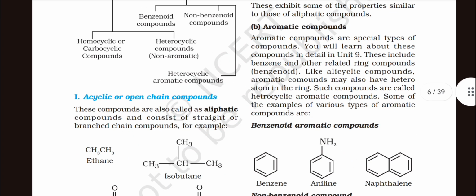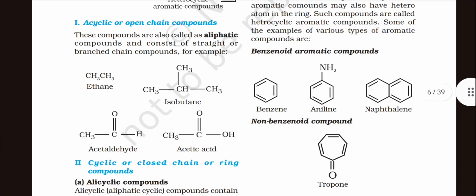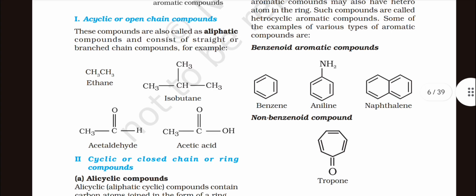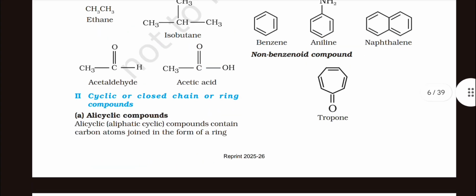Acyclic or open chain compounds. These compounds are also called aliphatic compounds and consist of straight or branched chain compounds. For example, ethane, isobutane, acetaldehyde, acetic acid. Cyclic or closed chain or ring compounds. Alicyclic compounds.